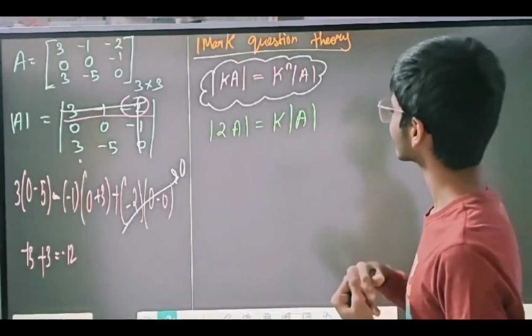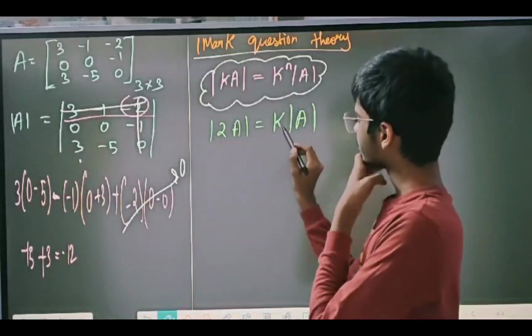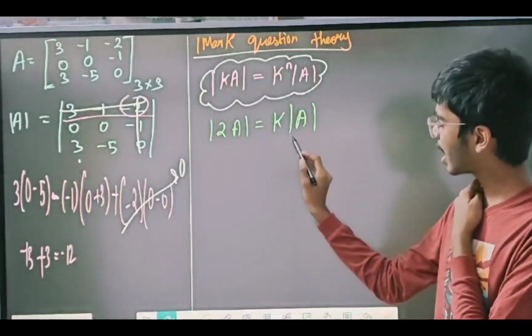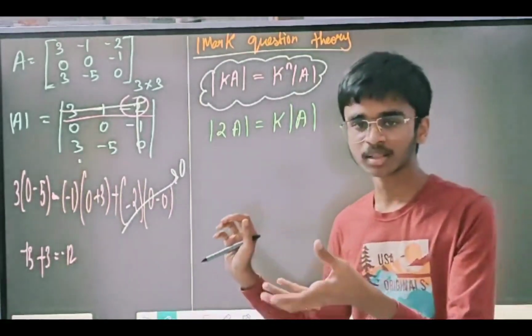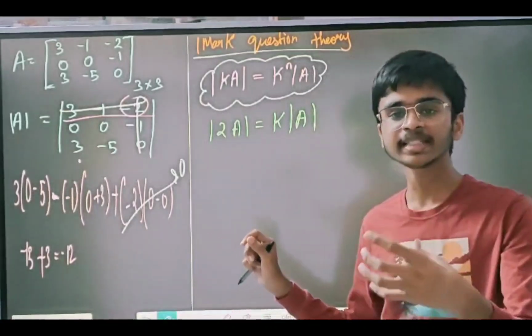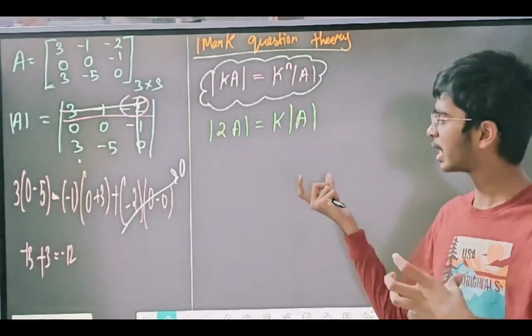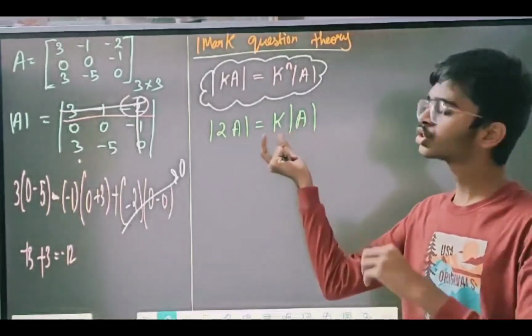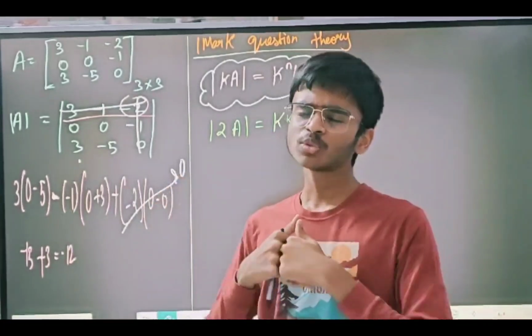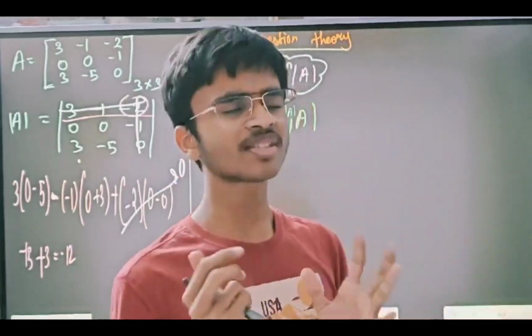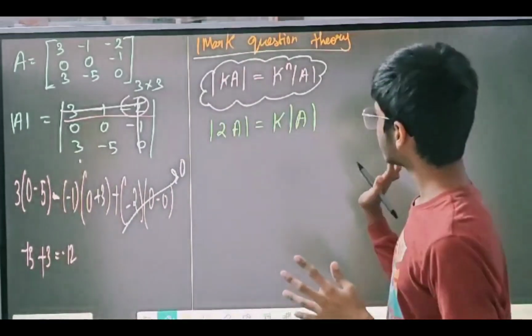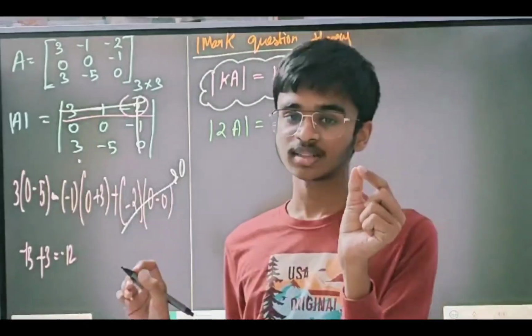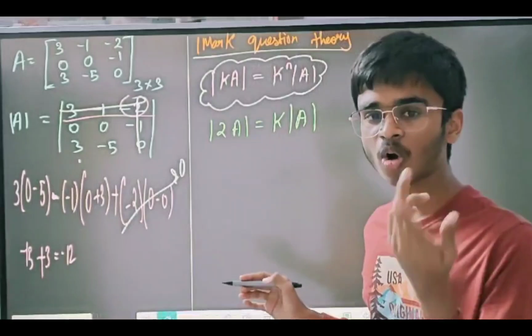Back to the topic. Here they are asking with what number you multiply the determinant of A will it satisfy this equation? They are asking us to find the value of k. So what's the value of k going to be? Just think. And they have also given you the order, a very important piece of data.